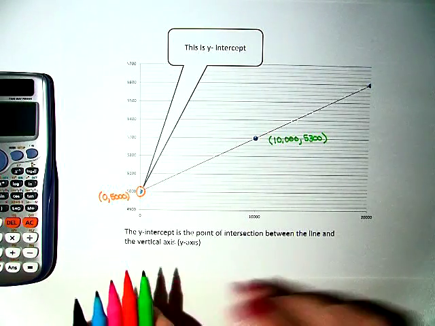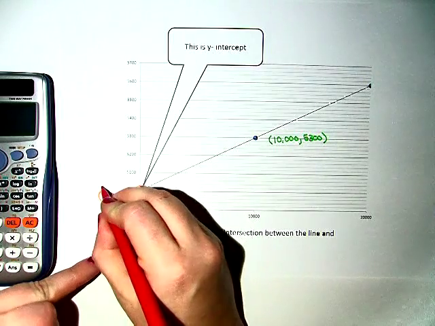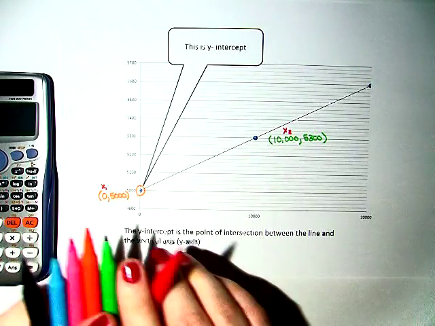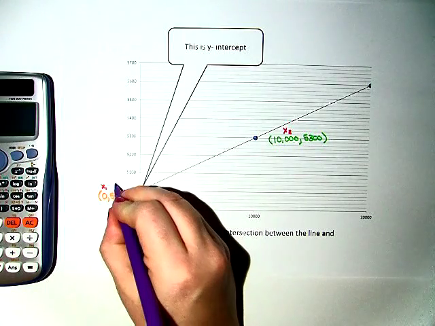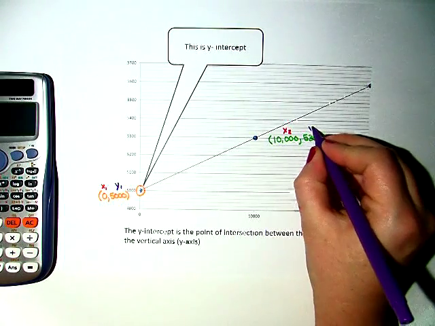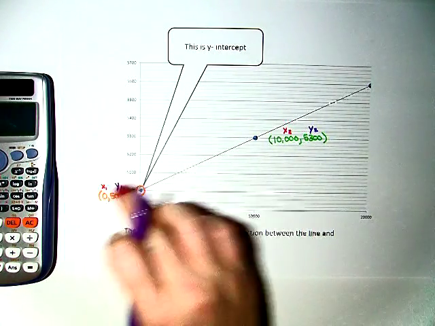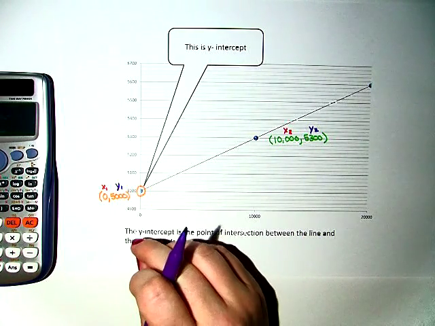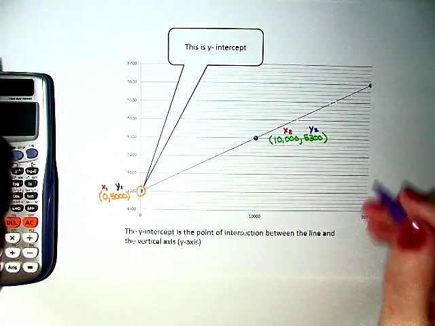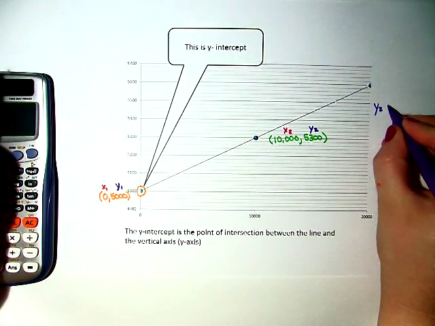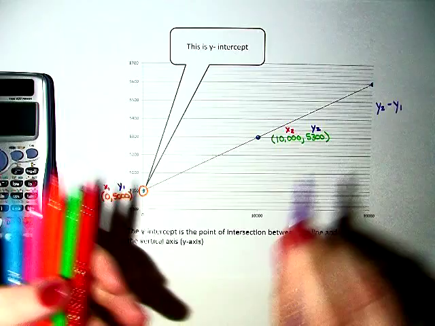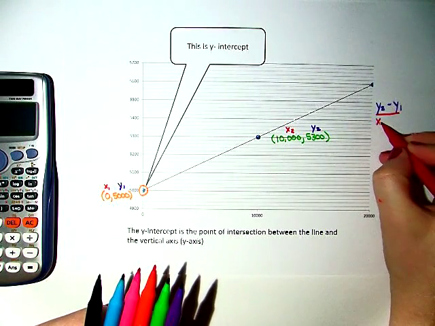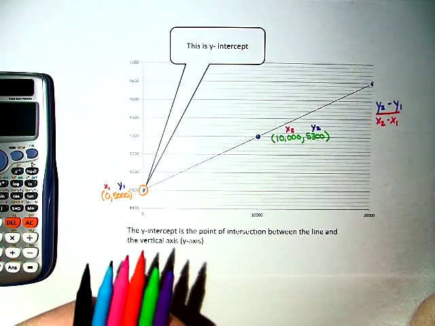The way that it works is our x coordinates are here, x1, x2, and our y coordinates are here, y1 and y2. It's very important that you focus on these 2 coordinates so that you don't mix them up. So when we do the formula, we're doing y2 minus y1 divided by x2 minus x1.